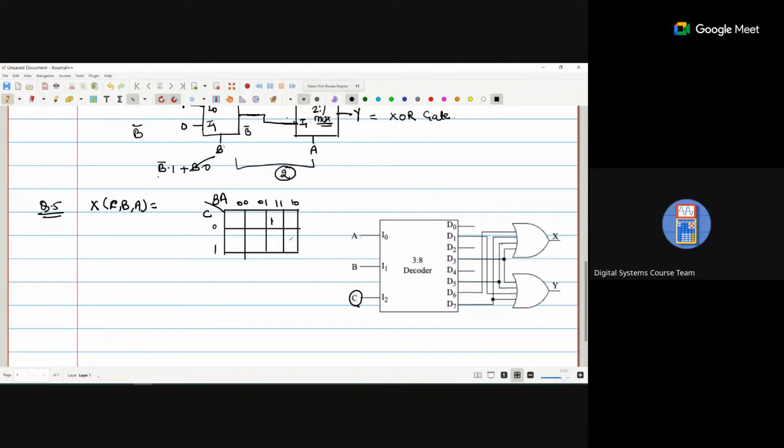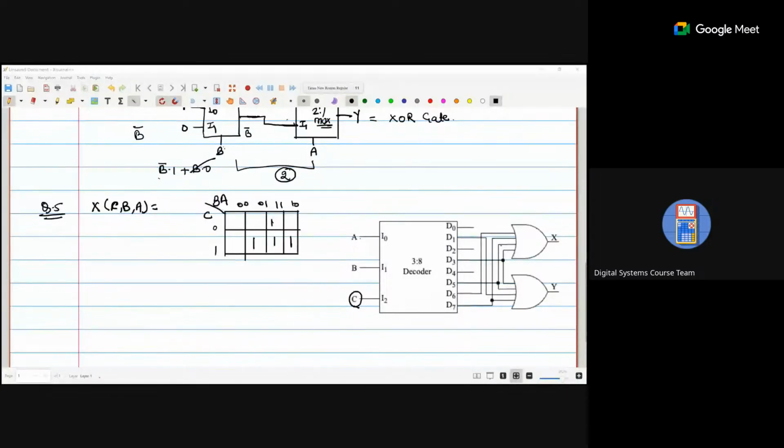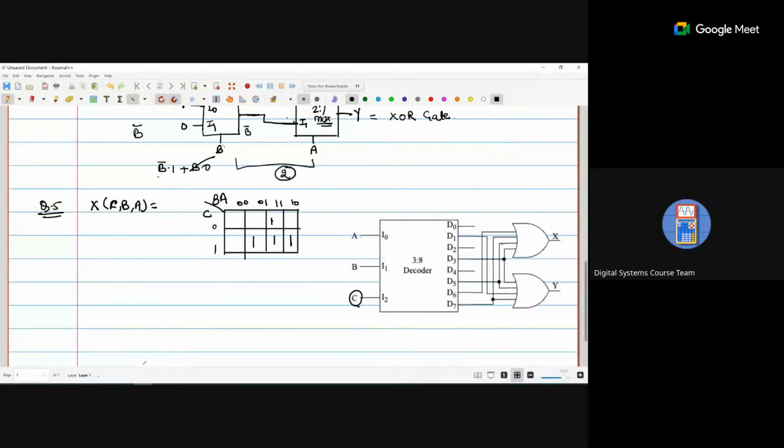So D3, D5, D7 and D6. So now you can write the equation for that. Three terms are available. One group is this, one group is this, and one more. Three groups are available.